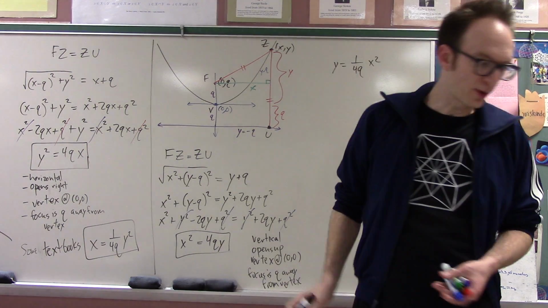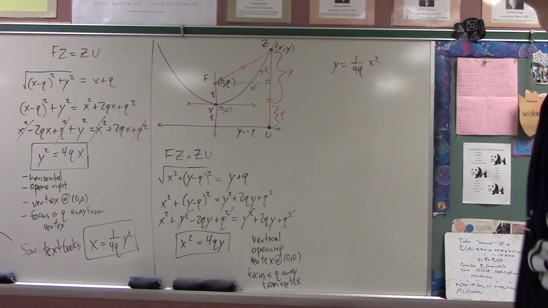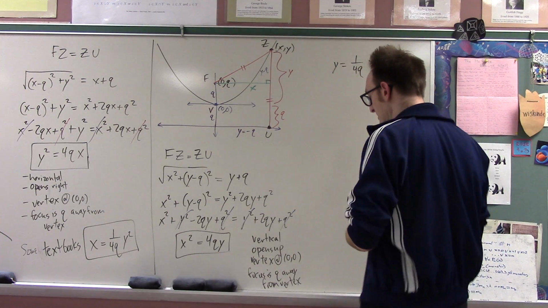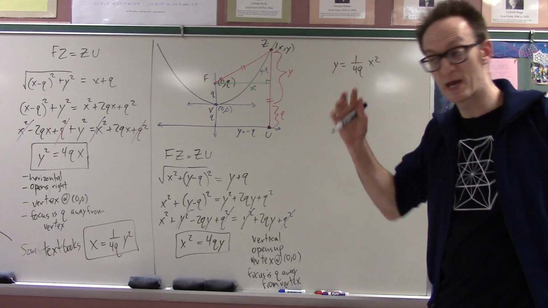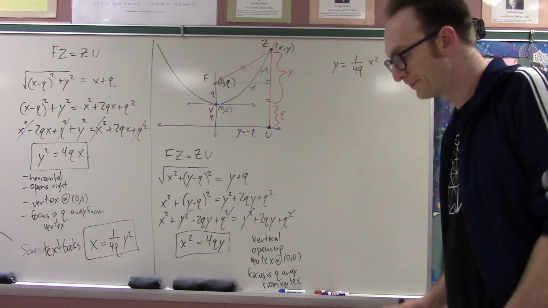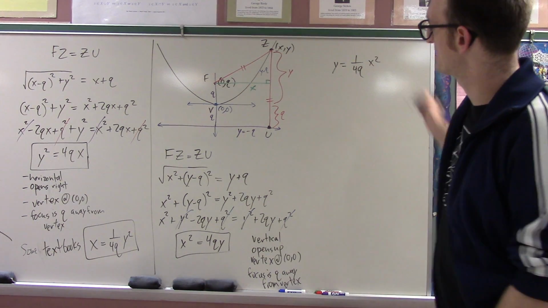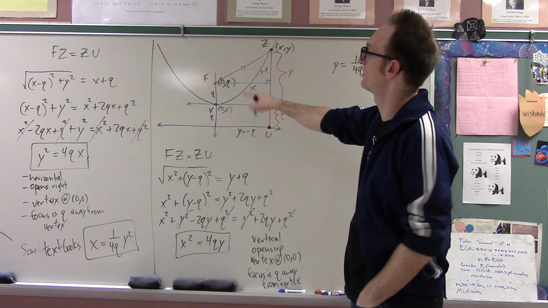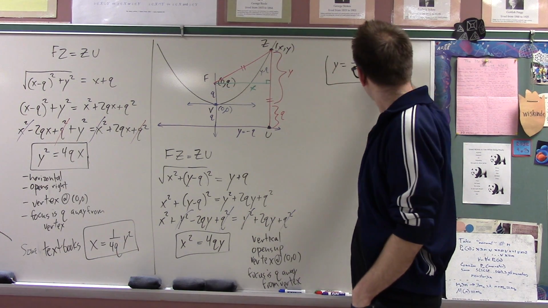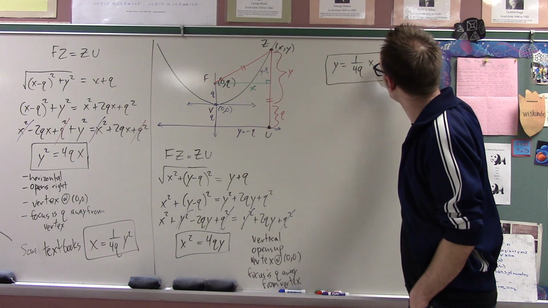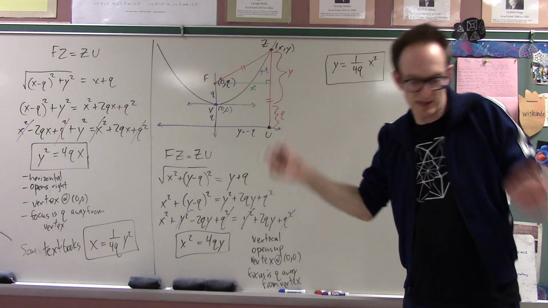Already you can see that, having adopted this geometric definition of the shape called a parabola, the locus of points that are equally distant from the focus and directrix, I have derived the equation and found that it's a quadratic equation.